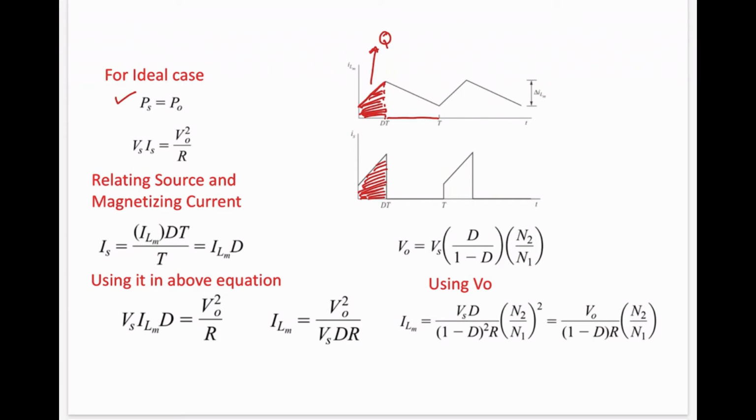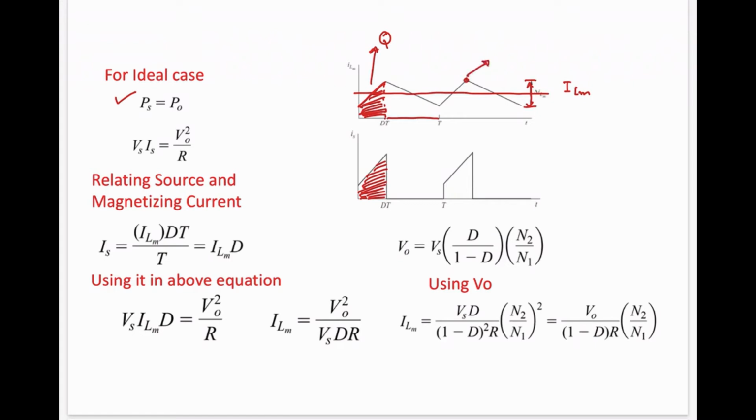Right? So how can we find out the average source current, or we can relate source current with the magnetization current. So average value of the magnetization current is somewhere over here. I am going to represent it as ILM, the average value, and the change in this current we have already seen in the previous slides. So how to find out this maximum value?